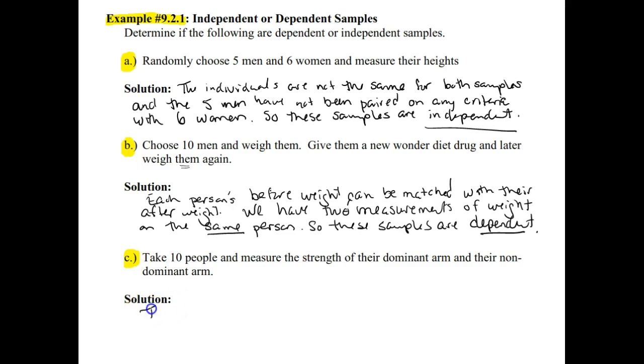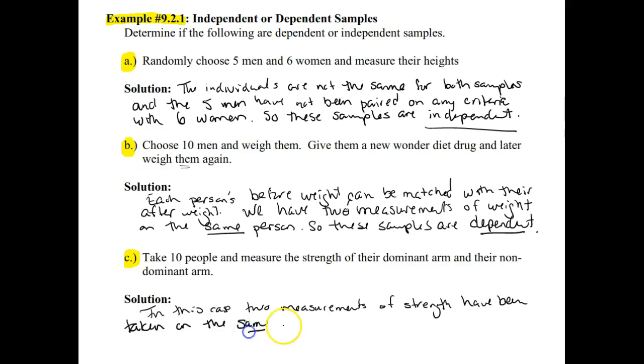So 2 measurements of strength have been taken on the same person. Again, although the measurements are for different arms, how strong a person is with one arm will depend on how strong they are with the other. So these samples are dependent.